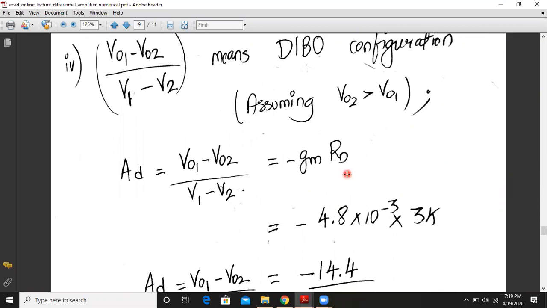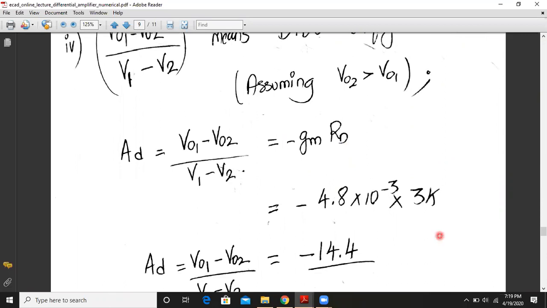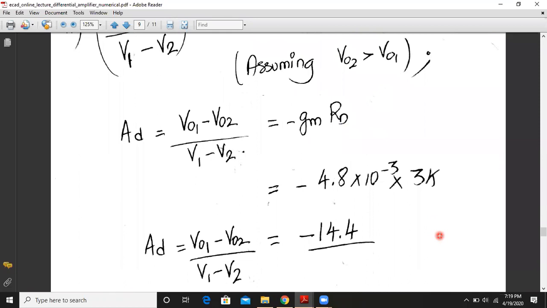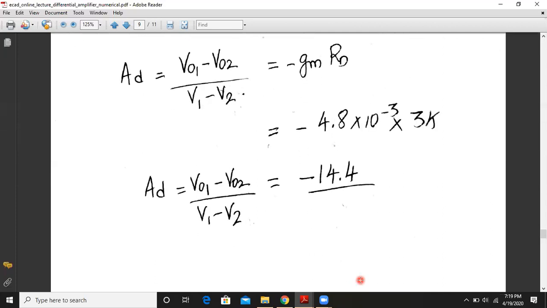Again, the minus sign indicates that VO2 is greater than VO1. GM we have just now evaluated, and the RD value is known to us. So if you work it out, 4.8 into 10 raised to minus 3 into 3k, that number will be 14.4. So the differential gain for a DI-BO configuration is minus GM into RD, and the final result is minus 14.4.